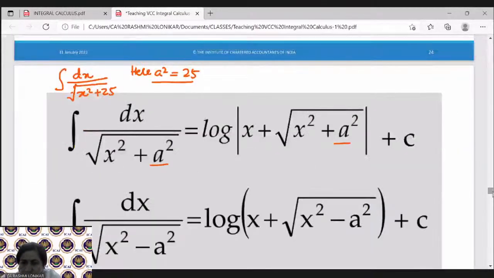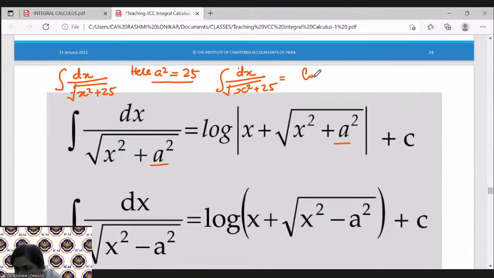So this will be equal to: the integral of dx upon square root of x square plus 25 is equal to log of x plus square root of x square plus 25 plus c. Okay. So this is the way you have to do it.